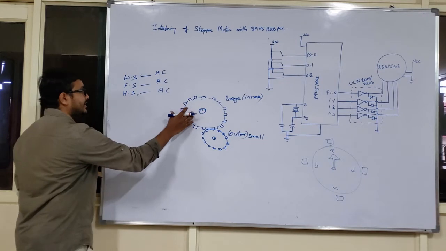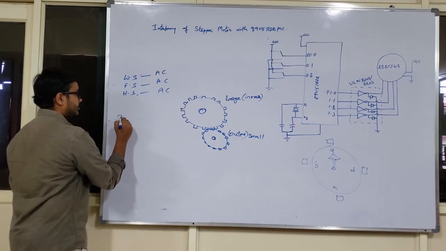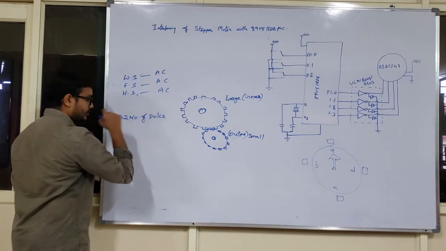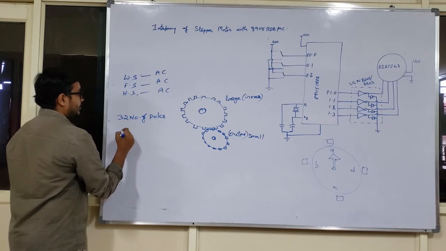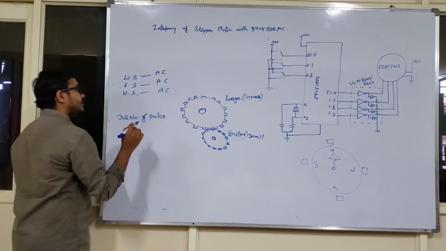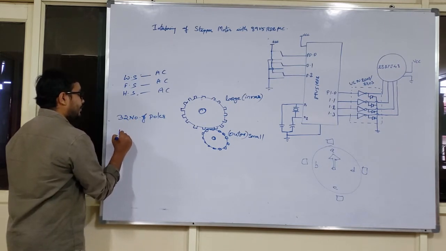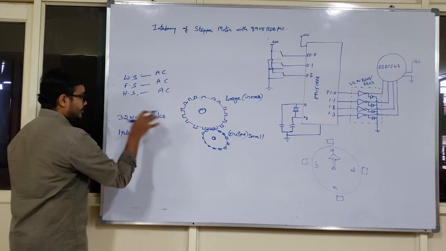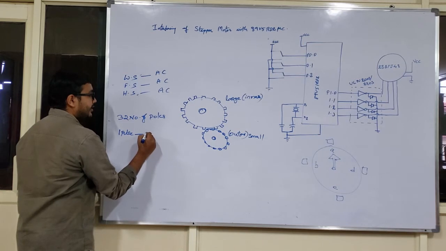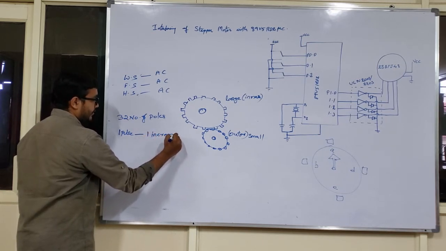This large gear has 32 poles. It has a shaft and a rotor. For one pulse that I give, the rotor takes one fixed increment.